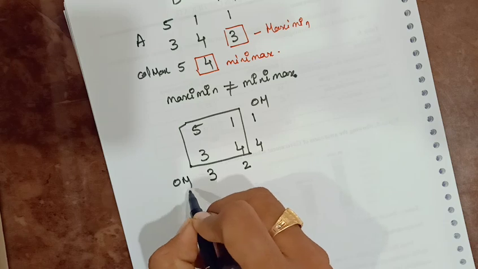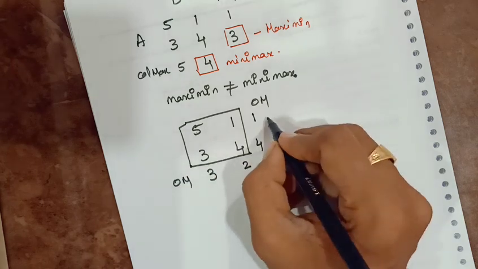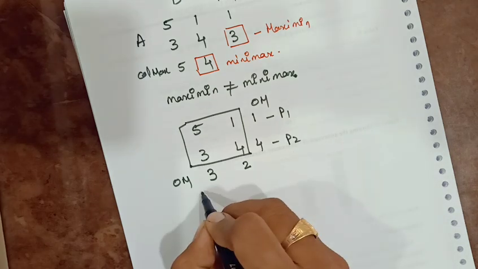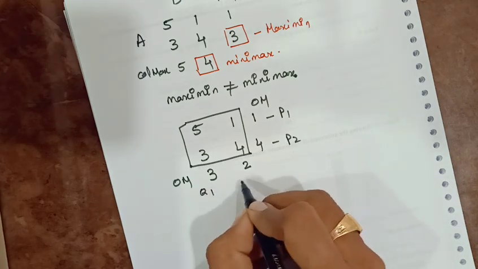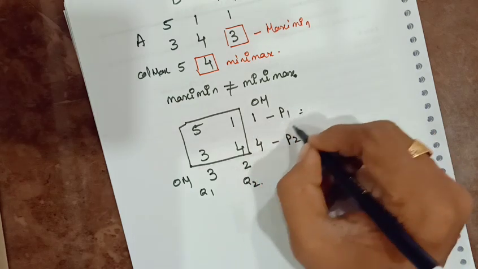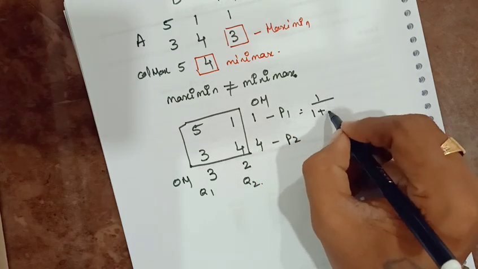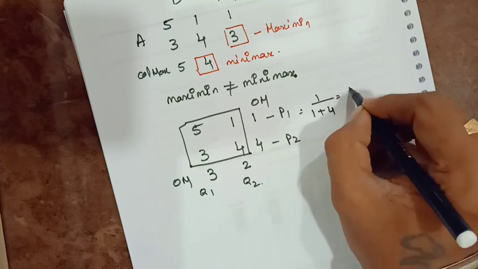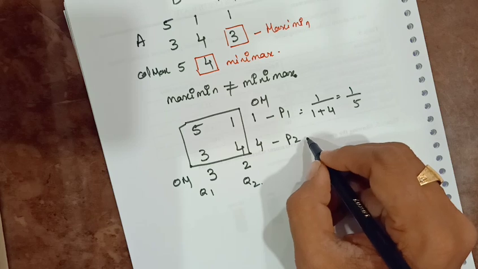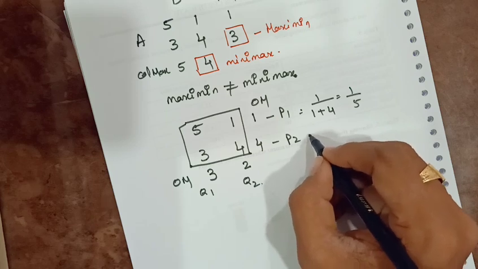So these oddments I am considering as probability 1, probability 2 for the rows, and probabilities for columns Q1 and Q2. So the probability P1 is 1 by 1 plus 4, that is 1 by 5. Definitely the probability for P2 will be 4 by 5.